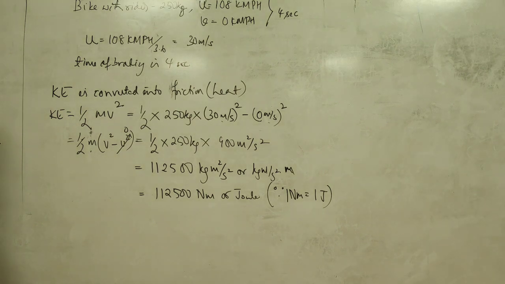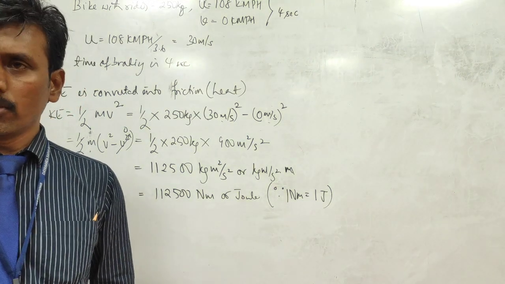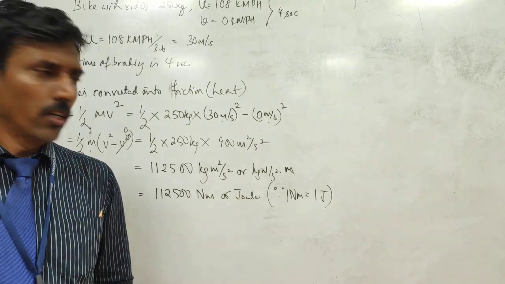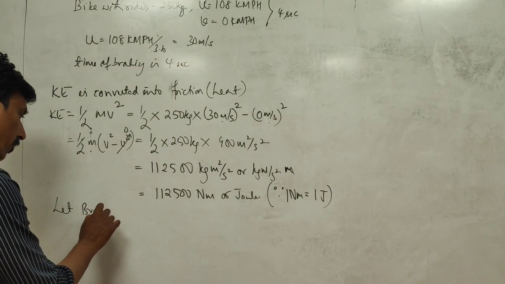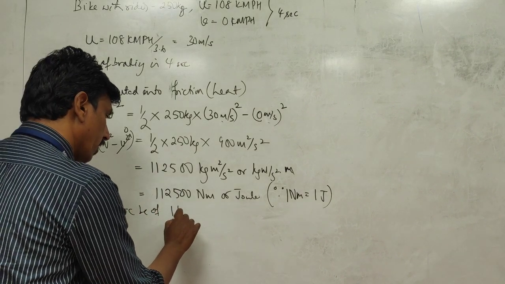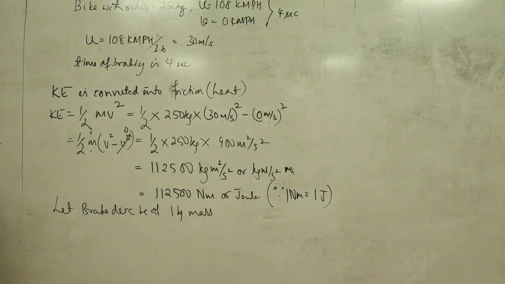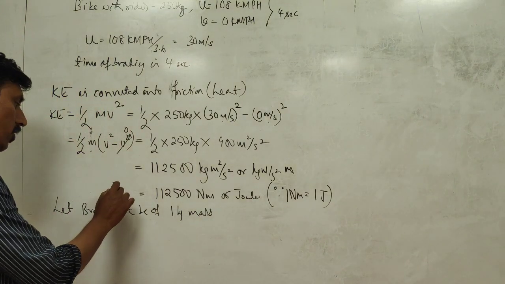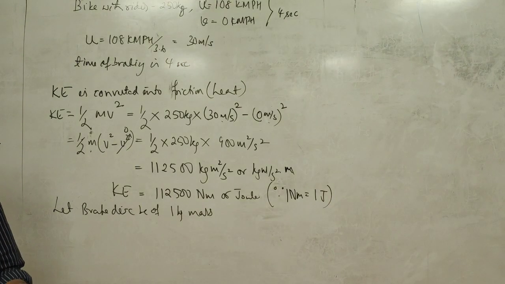So let us assume that we want to know what is the rise in temperature in the brake disc. Let us assume the brake disc is of 1 kg mass. Here this kinetic energy is getting converted into heat energy and only around 40% is retained in the brake disc.